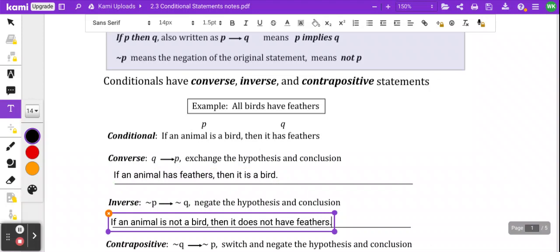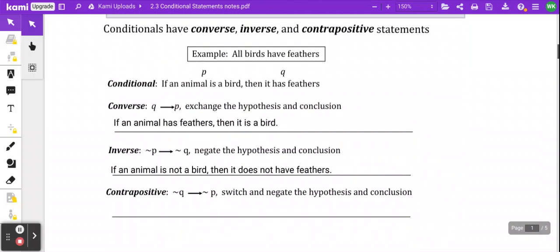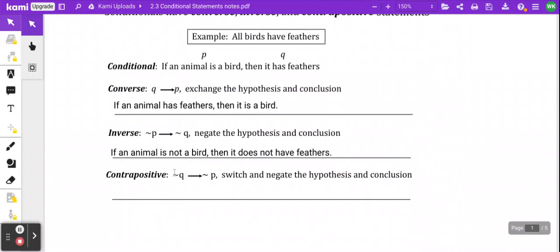Finally, we are going to create a contrapositive, and the contrapositive is in the form not Q implies not P. Please remember, P was the hypothesis and Q was the conclusion. So in other words, I am negating the converse.